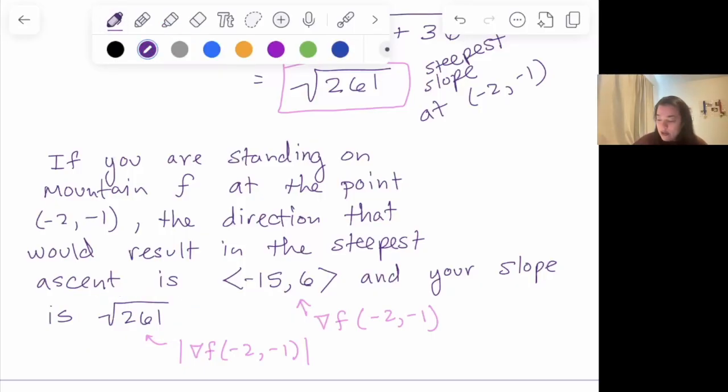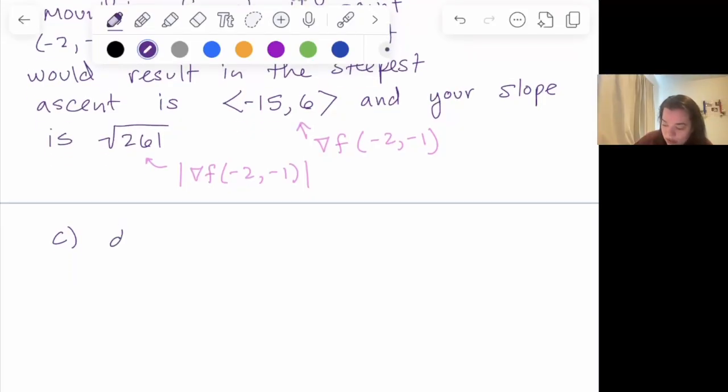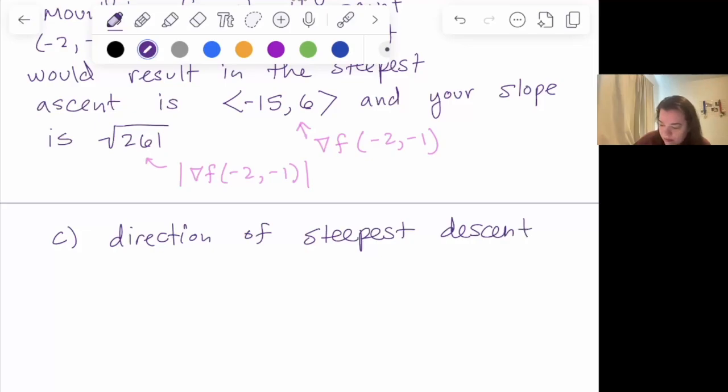Let's look at part C then. Part C asked, and I'm just going to summarize what part C asked. Part C asked us to find the direction of steepest descent or downhill at the given point. And again, still talking about that mountain F. So part C asked us to find the direction of steepest descent at this point.